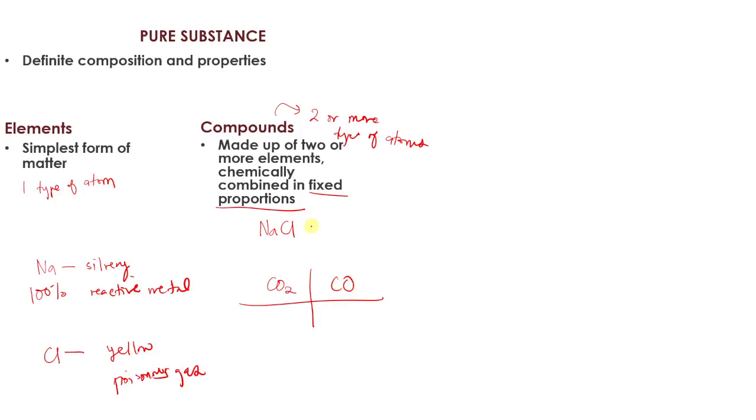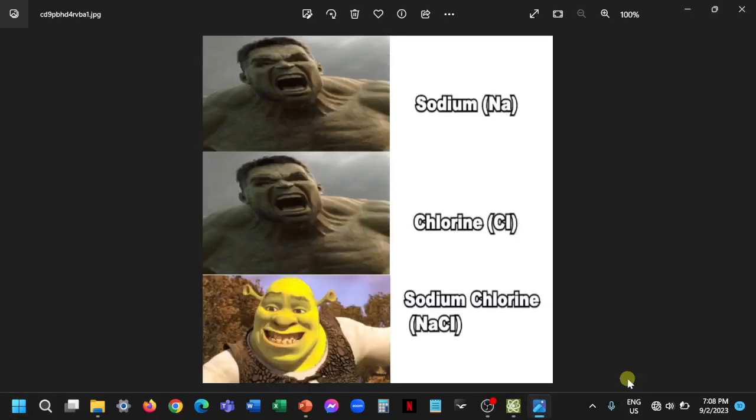One thing to take note: this one is made up of sodium and chlorine, but even though it is made up of sodium and chlorine, it will have very different properties. It will have a different appearance and a whole new set of its own properties, and this can be shown here.